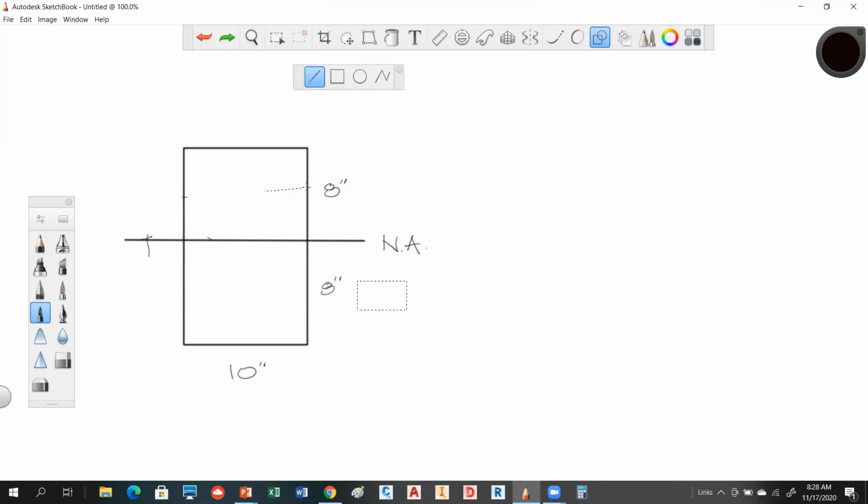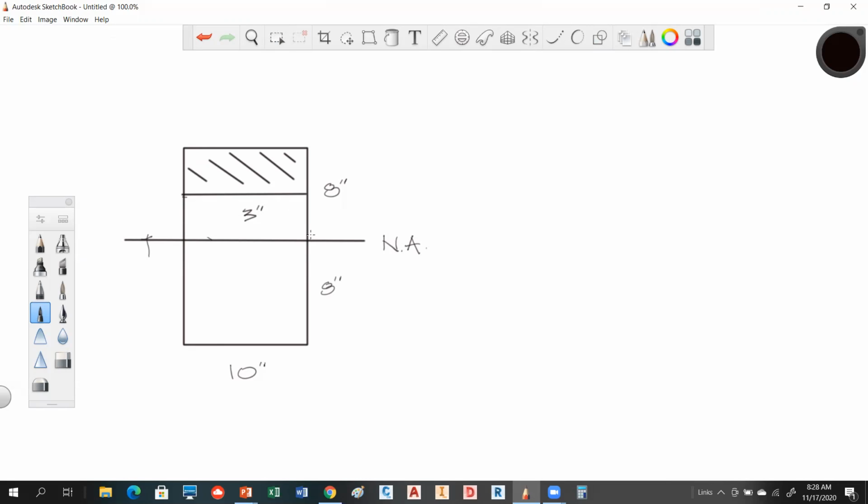I want to look at the shear right here. So what they're telling you is, I want this area right here. They'll give you a distance, like, I want to go 3 inches up.